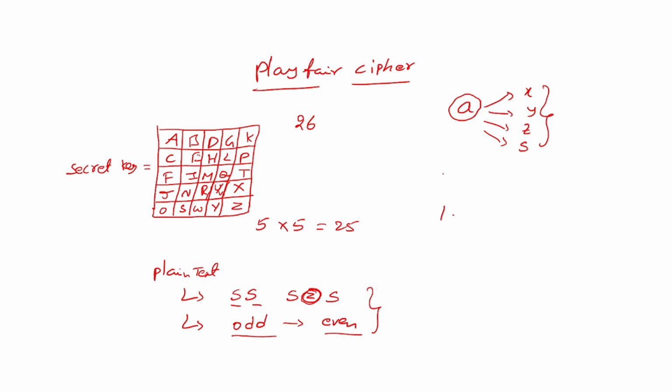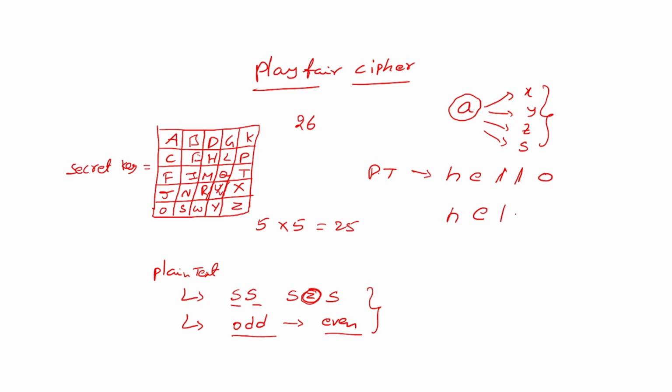Suppose for example, you take hello as the plain text. First we need to make the plain text ready. There are L, L, the same characters occurred in a pair. Then we need to insert a bogus character.